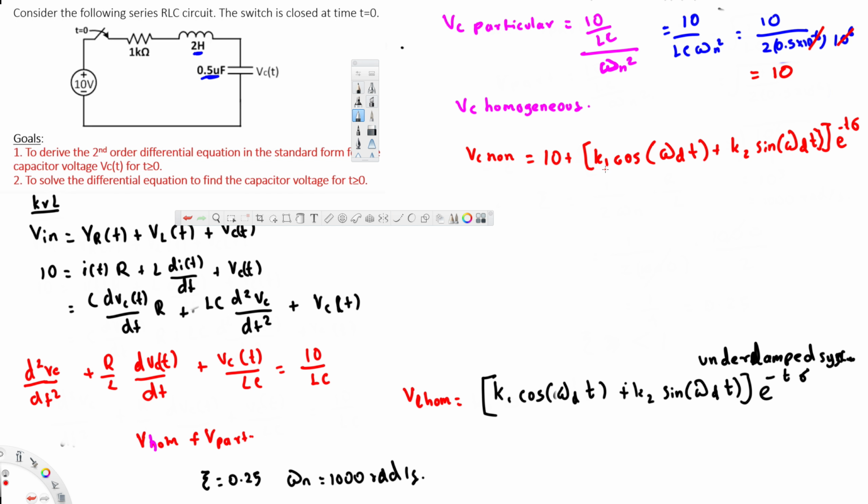Now we have to find k1, omega d, k2, and also this sigma value in order to give the particular solution for this non-homogeneous differential equation.